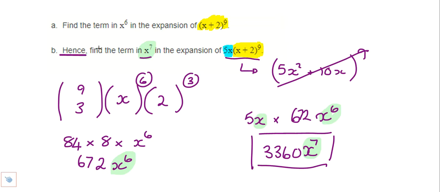That means use what you did in part A to find part B. If it says 'hence or otherwise', that means there is another way of doing it that's perfectly acceptable. But this one is definitely hence. Use what we've just done in part A. If you're not using part A, you're doing something wrong or long-winded. Does that make sense? Okay.